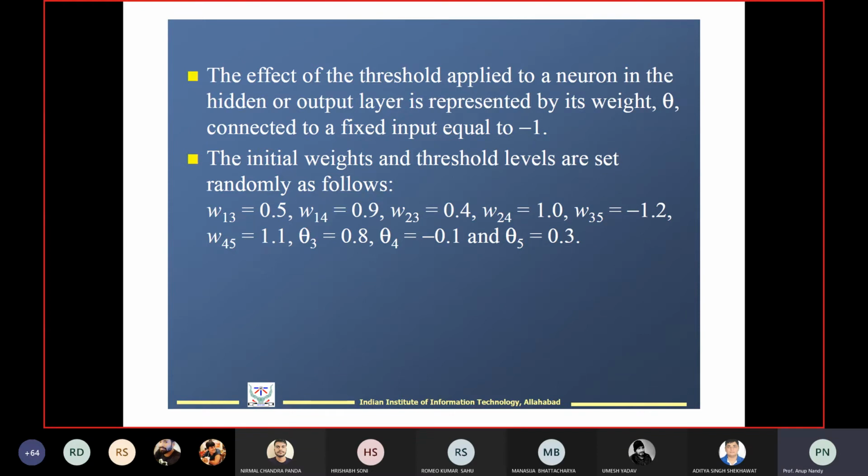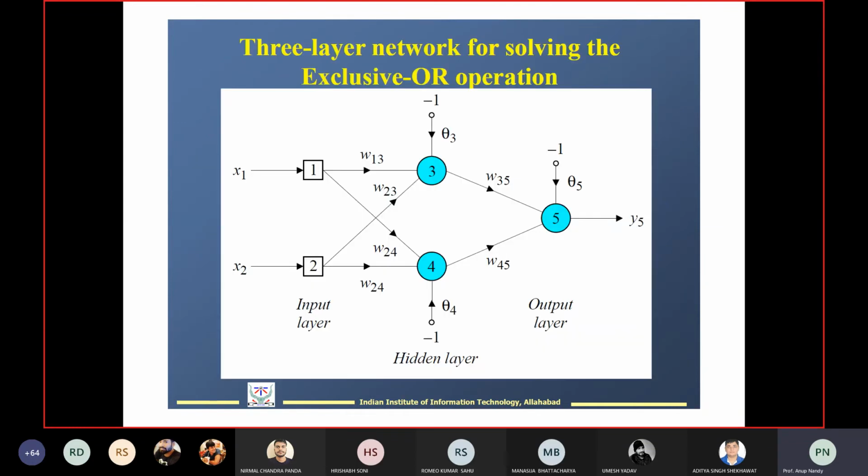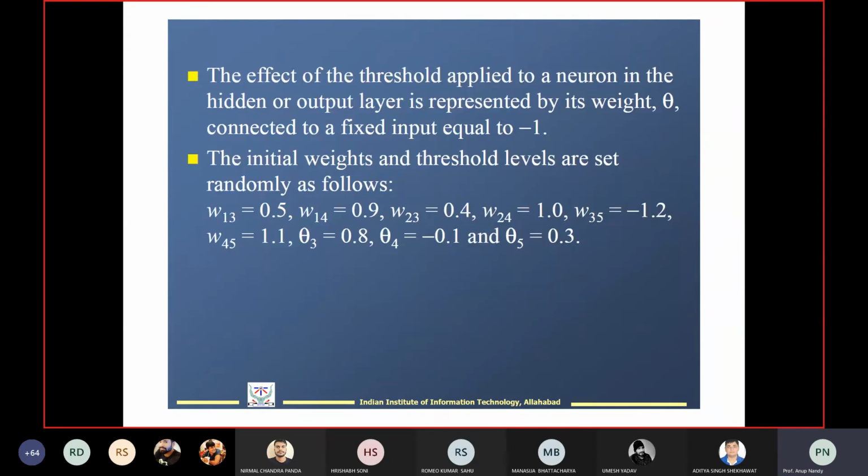Now you follow this rule, how we choose these uniformly distributed weights: W13, we are choosing 0.5, W14, W23, W24, W35, and W45. Now you are going to choose theta 3, the threshold. Actually it is -1, so it is a bias, that is theta 3.